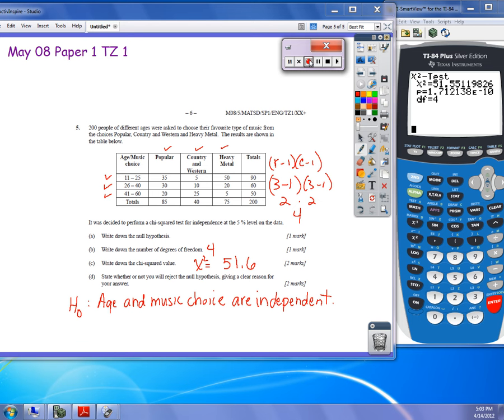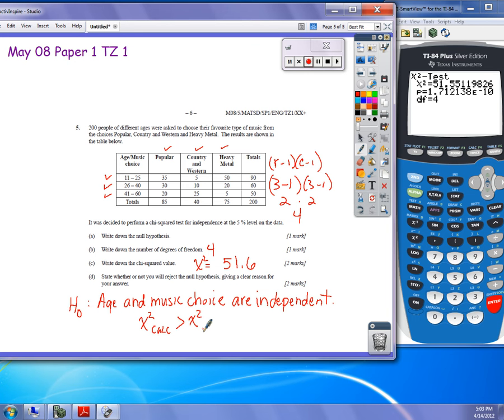So your reason would be that since your chi-squared calculated value was greater than your chi-squared table value, and I would go ahead and write those values underneath, if 51.6 is greater than 9.488, you will reject the null hypothesis.